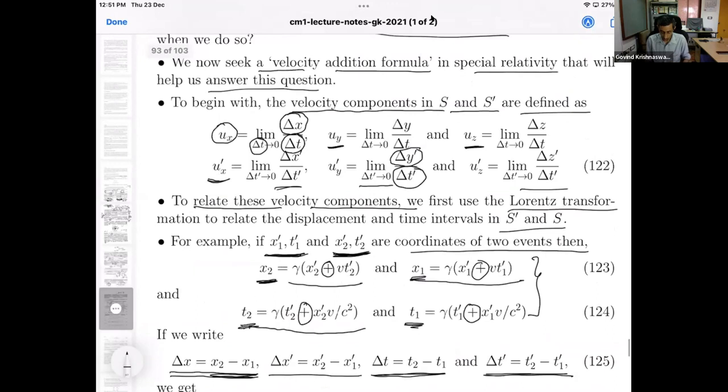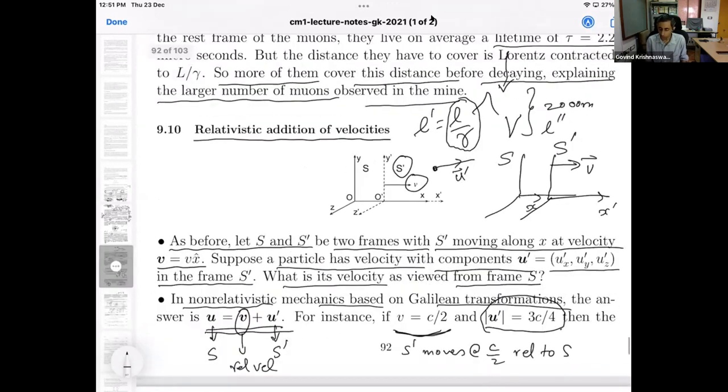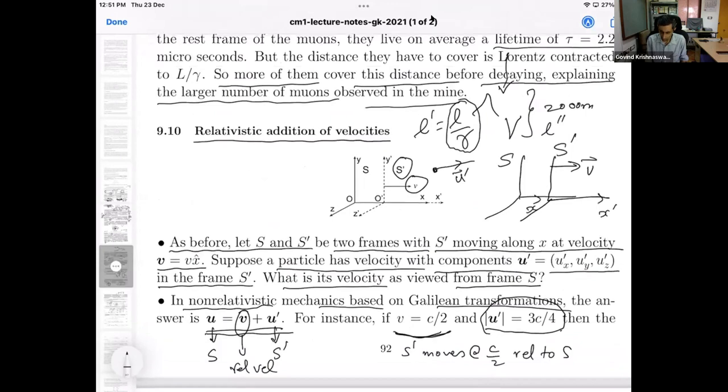The particle itself need not be moving along the x direction. Particle may be moving in some direction whose velocity I write as u prime. Okay, all right, good.